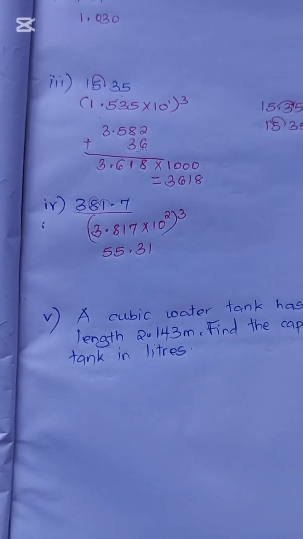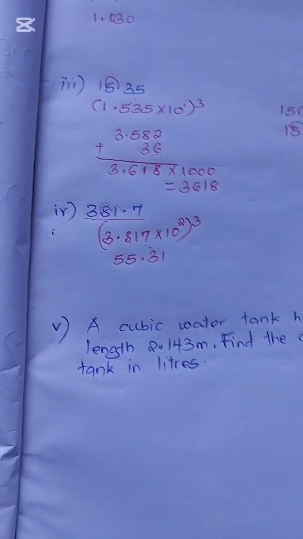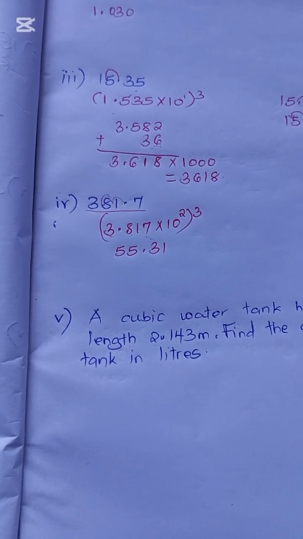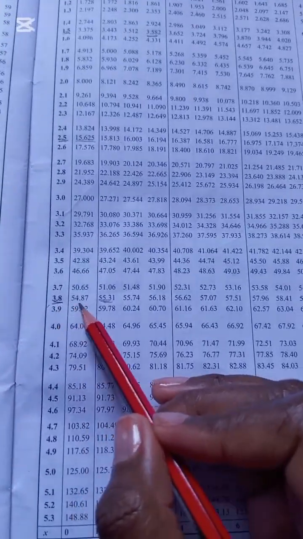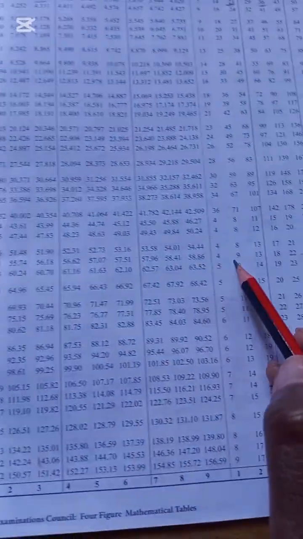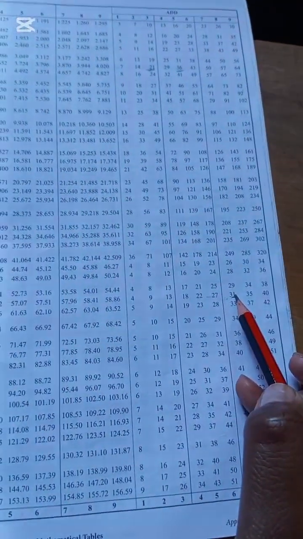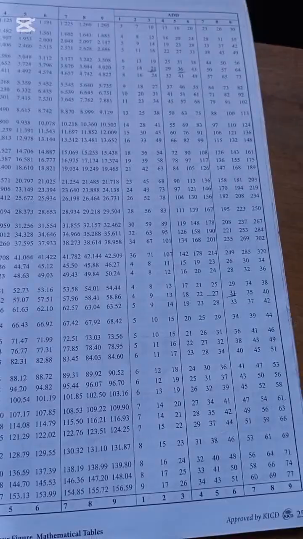So let us see the value on the add column specifically for 7 so that we can get the exact value. If we go to 3.8, we have 1 here, and on the same row up to 7, you can see there on the add column 7, we have 31.